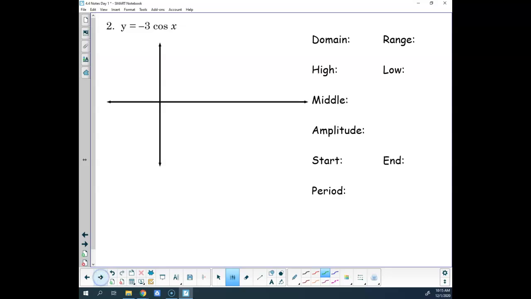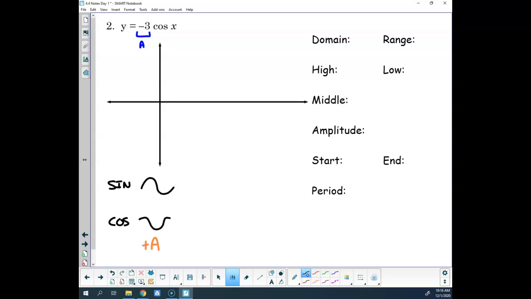Let's try one with a negative A value. So we have positive A values, we have negative A values. So here's a cosine curve with a negative A value. Sine curves look like that with positive A values. Cosine curves look like that with positive A values.